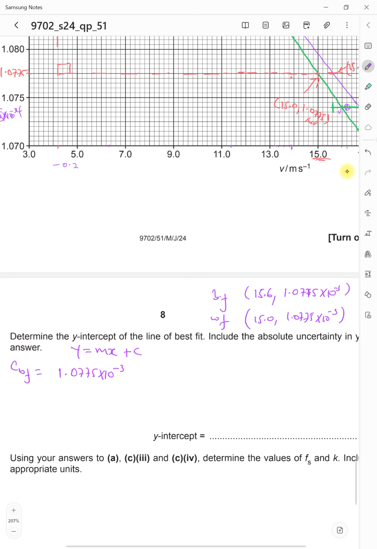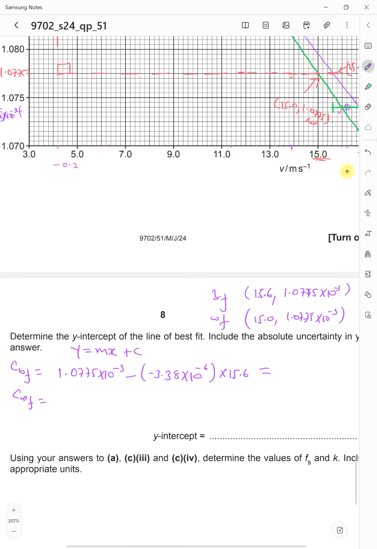That is the y value, minus the gradient for best fit, which is negative 3.38 times 10 to the power of minus 6. The x value I've taken is 15.6. So that is the c for best fit. Then c for the worst fit.